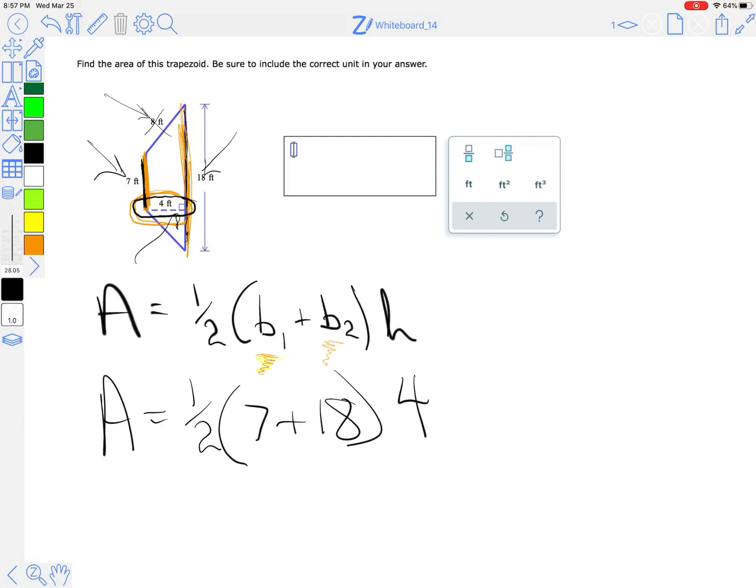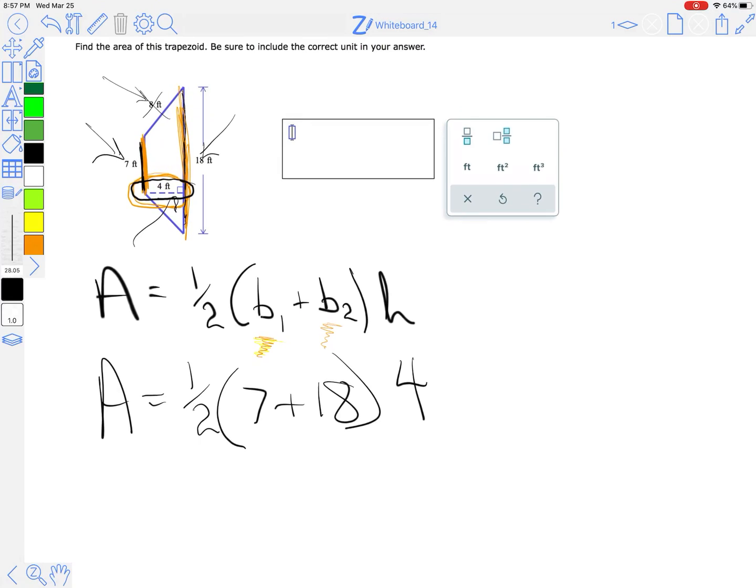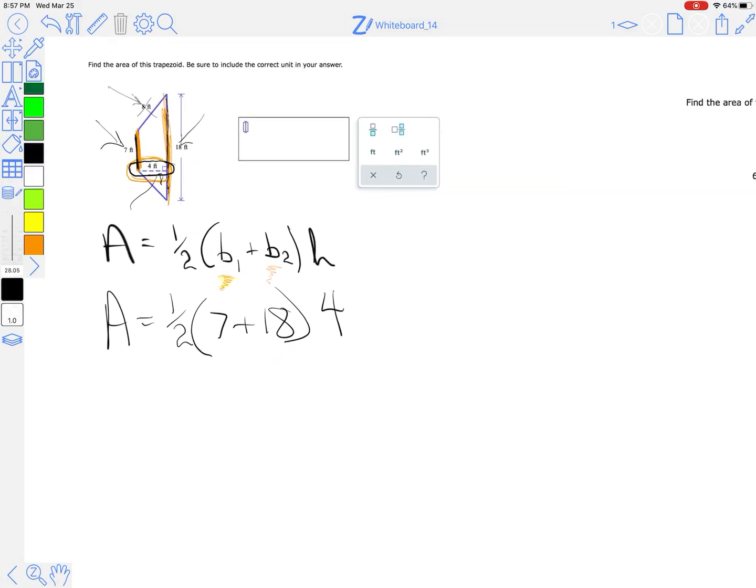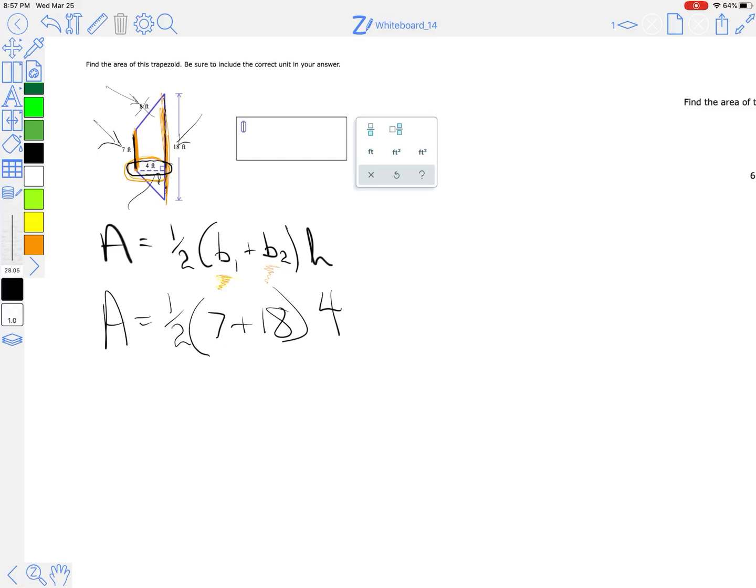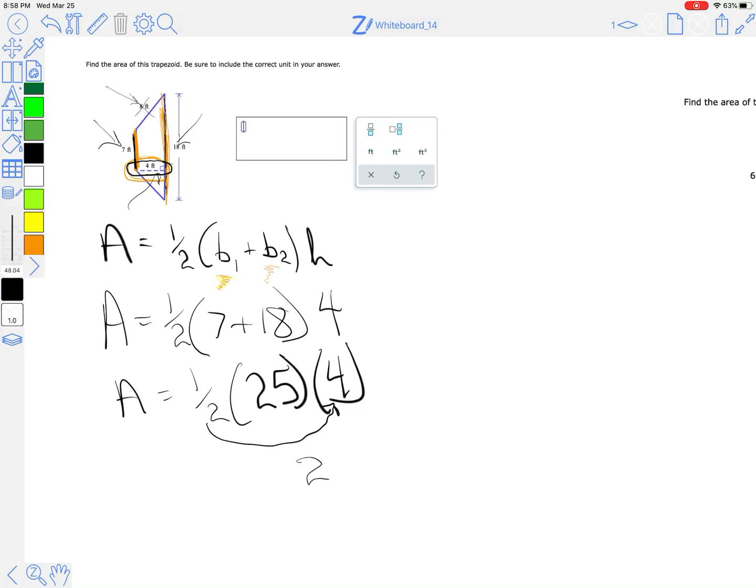Now we can do this a couple of ways. I'm going to slide this up a little bit here. We can say area equals 1/2 times 7 plus 18 is 25, I'm pretty sure, times 4. And I know that half of 4 is 2, and I've still got times the 25.